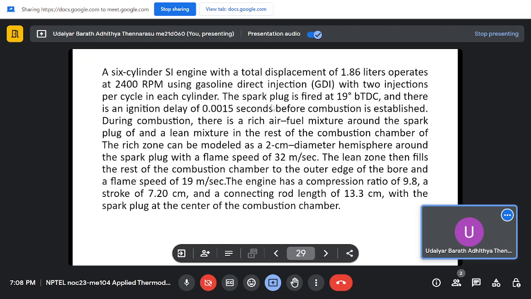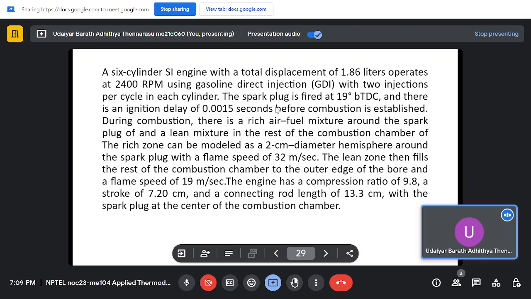So around the spark plug, we are assuming a 2 cm hemisphere, and within that hemisphere the flame speed is 32 meters per second. The lean zone then fills the rest of the combustion chamber to the outer edge of the bore, with a flame speed of 19 meters per second.